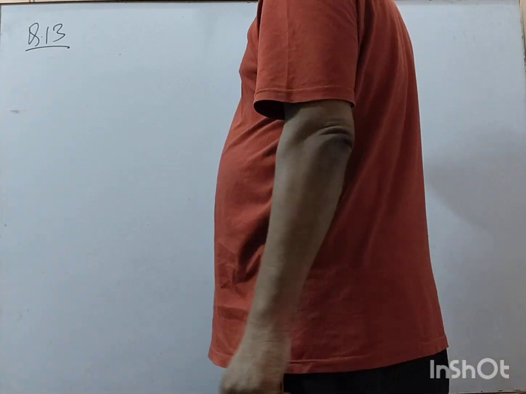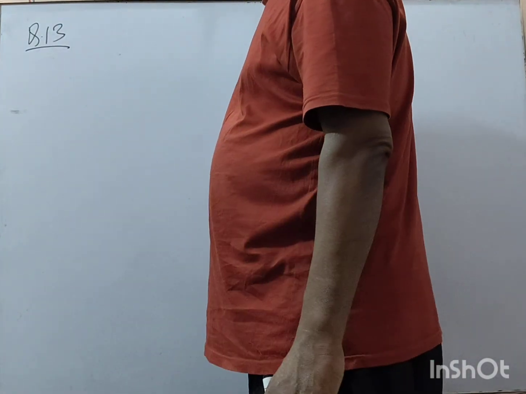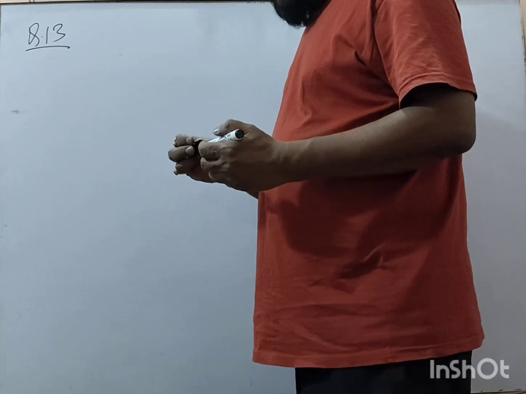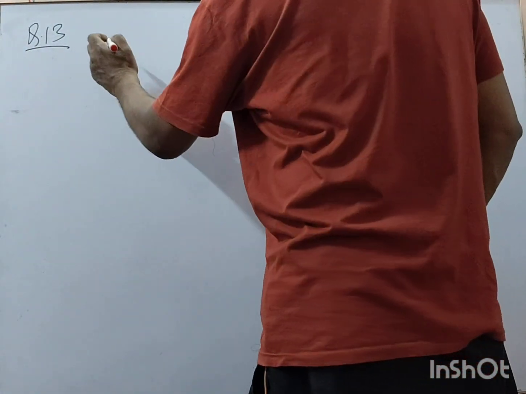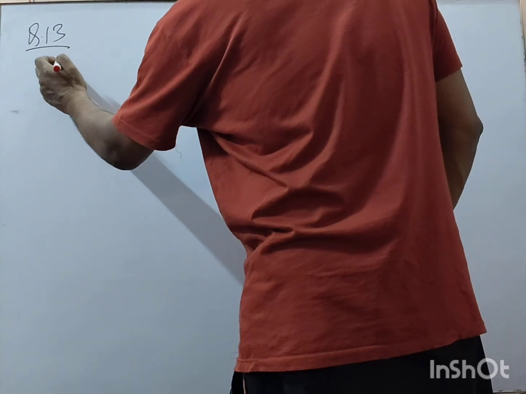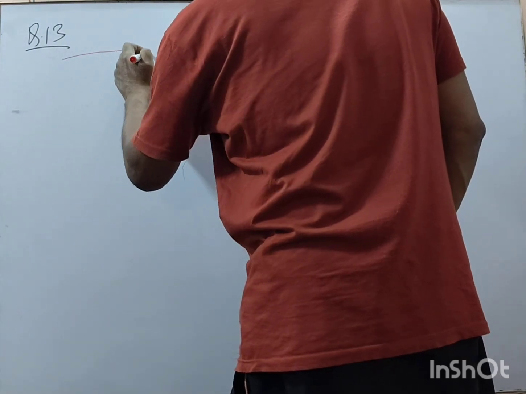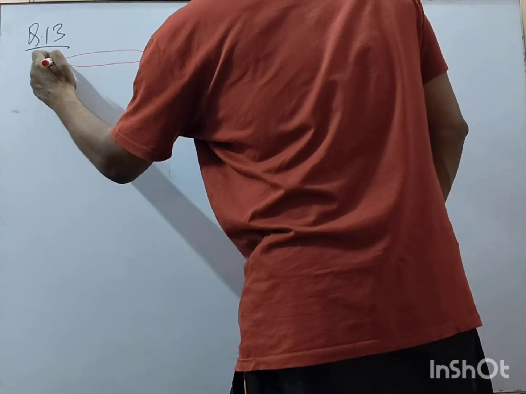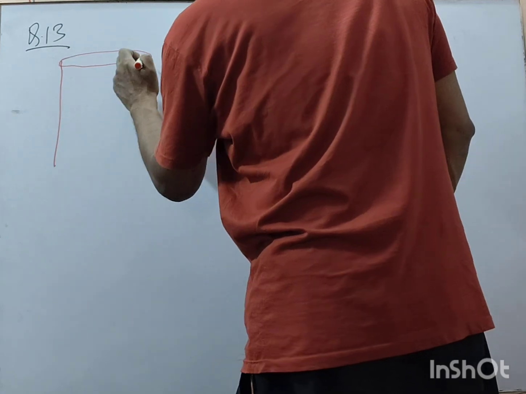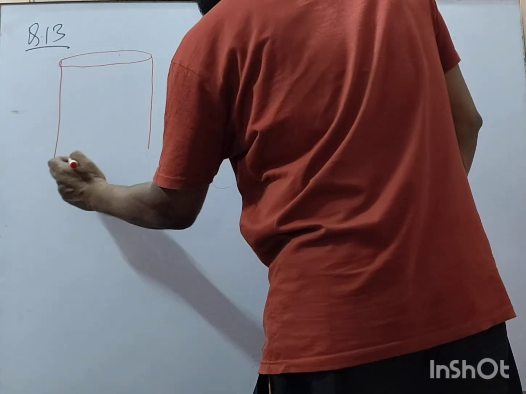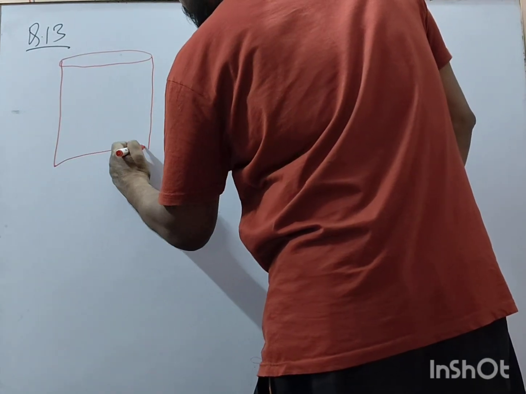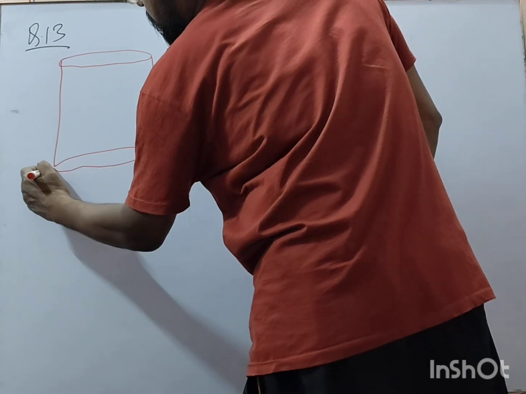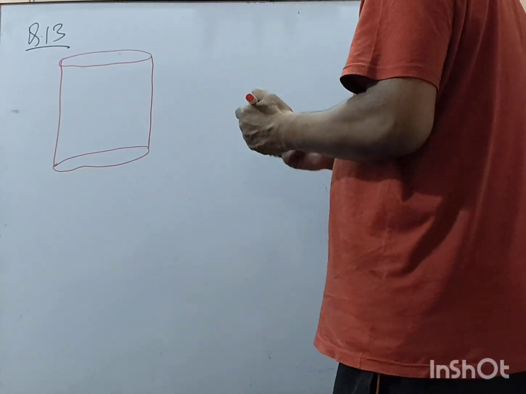Question number 13. There is water to a height of 14 centimeter in a cylindrical glass jar, right?